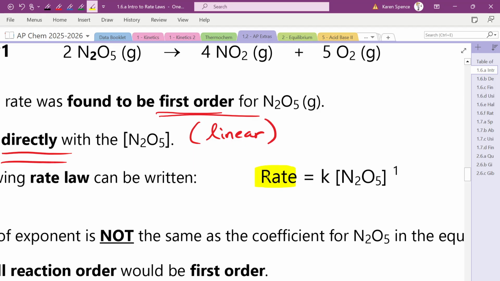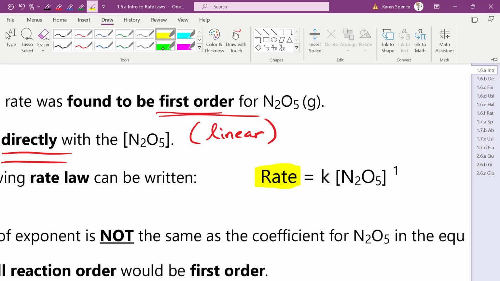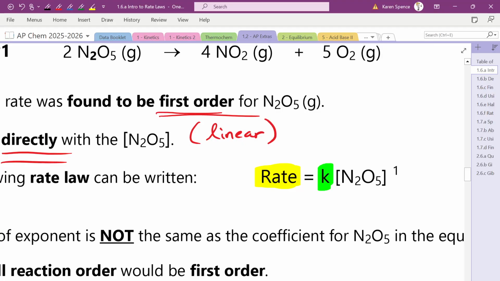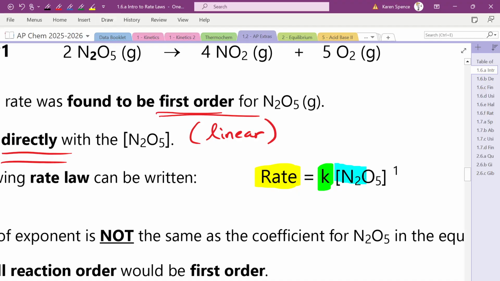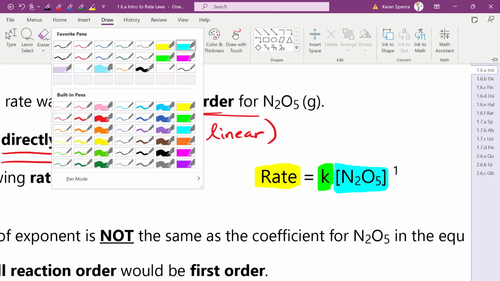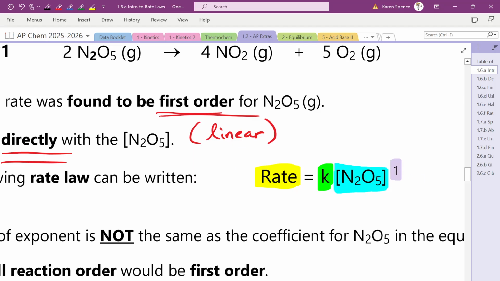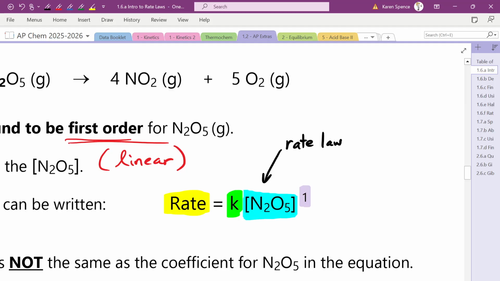You have rate, you have the K value, which right now we're just going to write as K, and then you have whatever concentrations you may have raised to whatever power they are raised to. So that is called the rate law for this reaction.